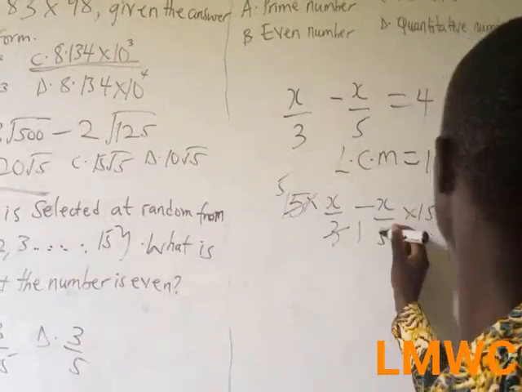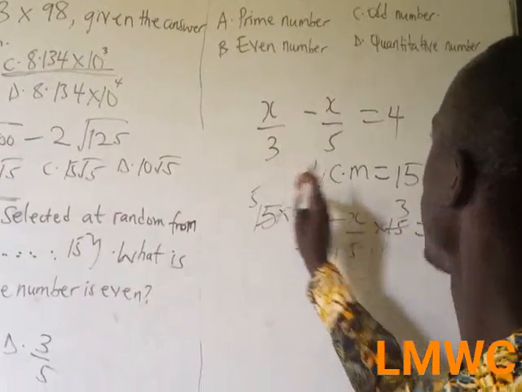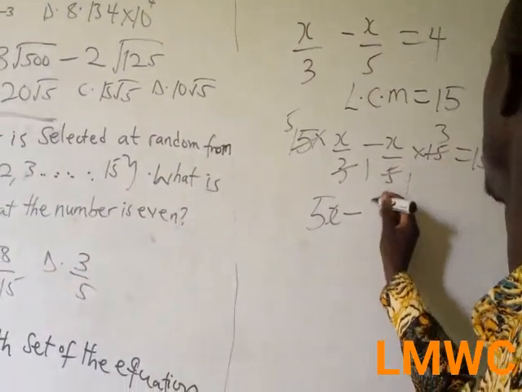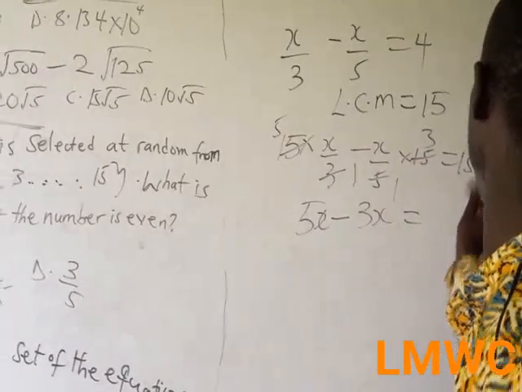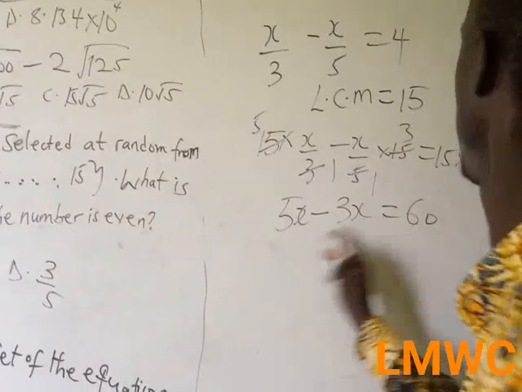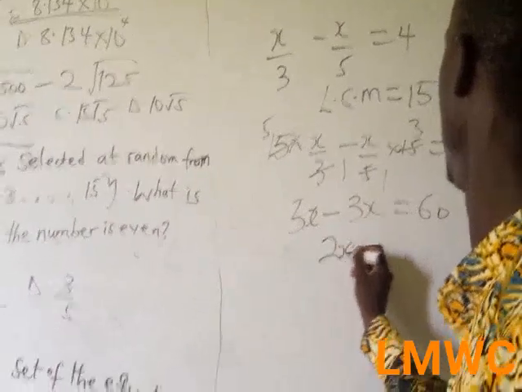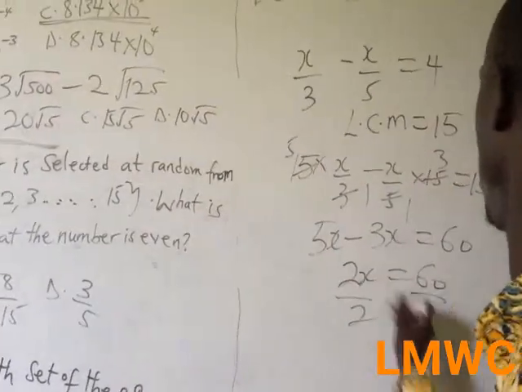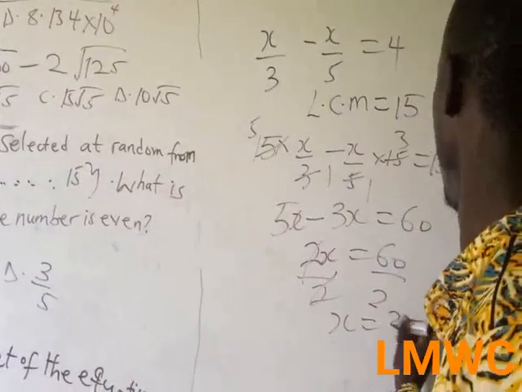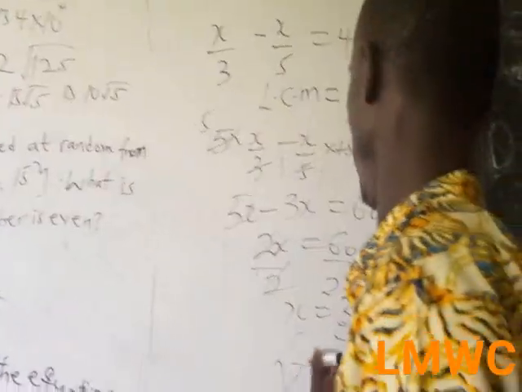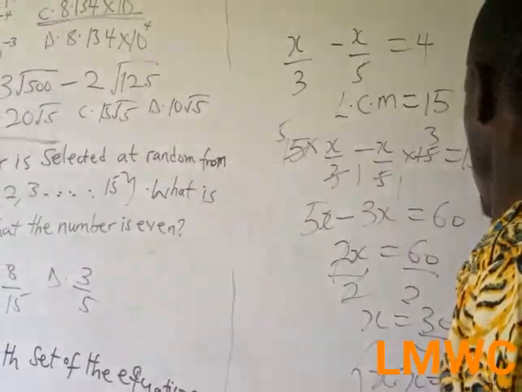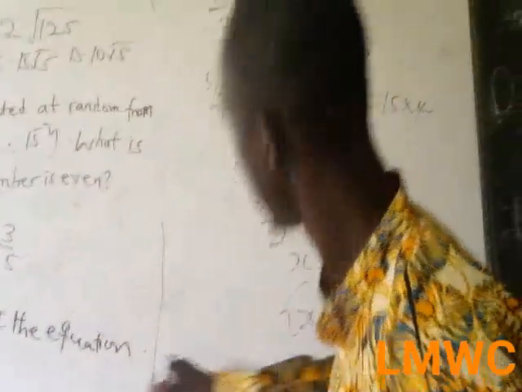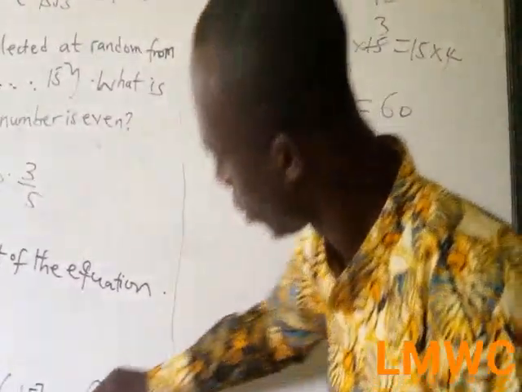So 5 times x is 5x minus 3 times x, we have 3x equal to 15 times 4 is 60. So from this we have 2x is equal to 60. So you divide by 2, we have x is equal to 30. So this is the truth set. Truth sets are always in brackets. The answer is D.